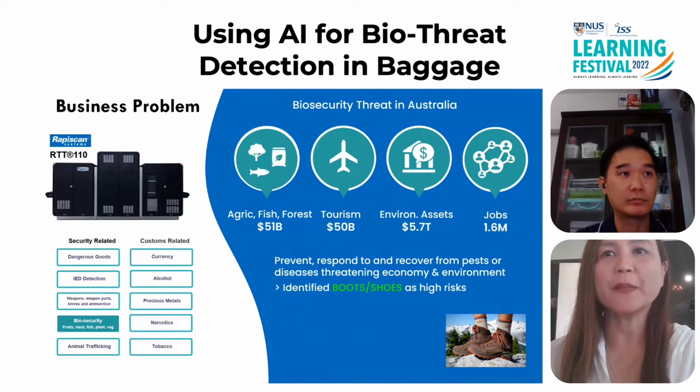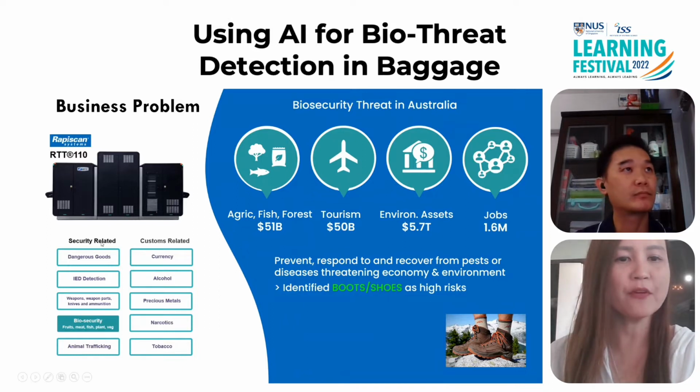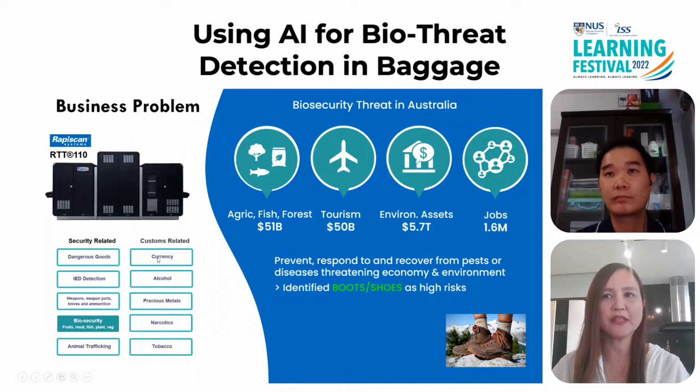Airports globally have implemented advanced security screening to maximize threat detection for prohibited items in baggage, stemming from both security and customs related concerns. Baggage scanner machines are typically powered by X-rays. They deliver integrated and automated systems for object detection.